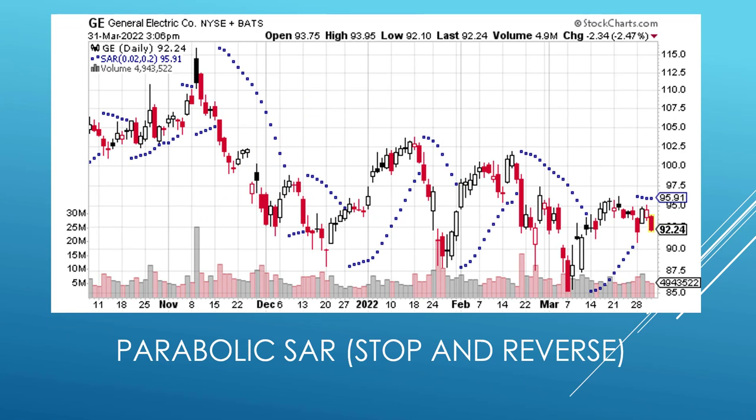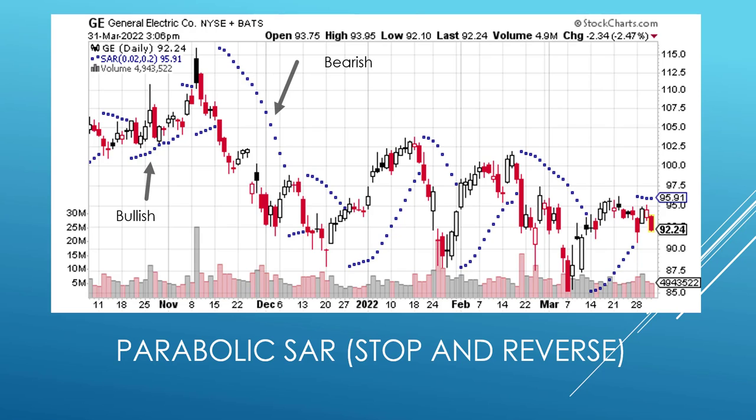Let's now talk about the Parabolic SAR, which stands for stop and reverse. As you can see, we have these support line dots, which indicate a bullish function when the dots are underneath the candlesticks, and we have an artificial bearish or resistance line, which indicates that the market is going down, or a bearish function.